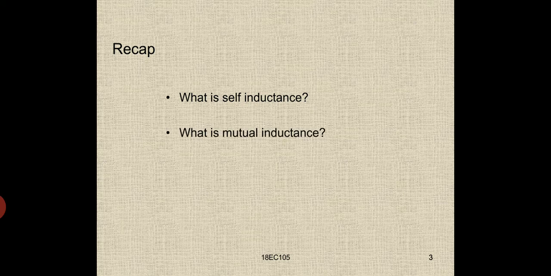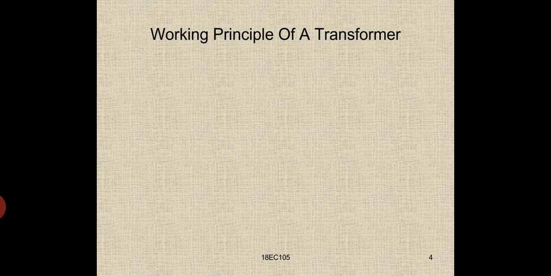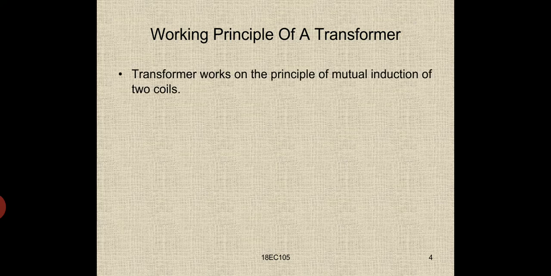Let us recap what we have learned till now. We have understood what is self inductance. Then we have also learned and discussed mutual inductance. And now let us see the principle of a transformer.